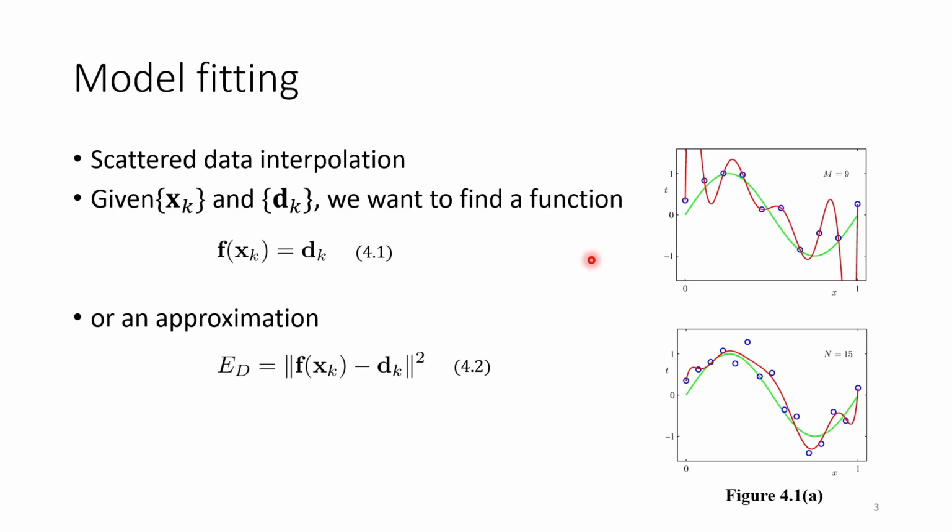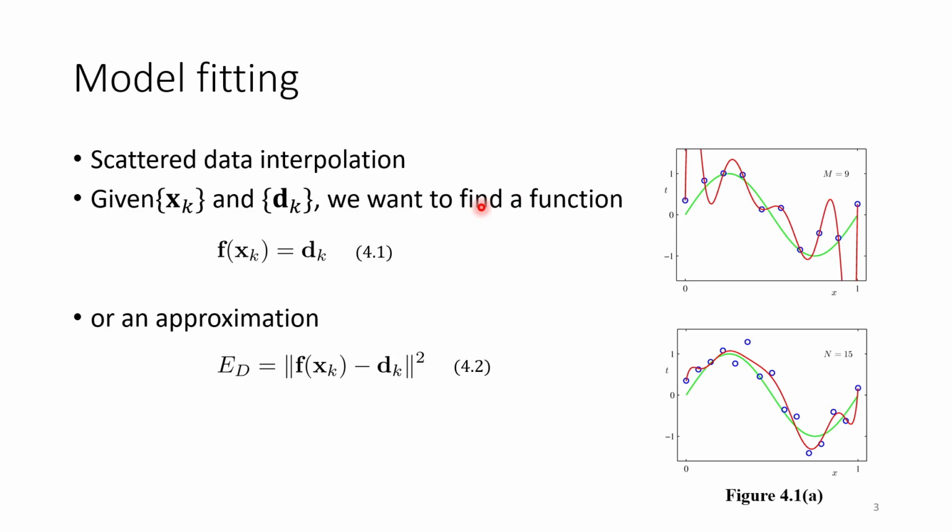What we want to do is find a function which can generate such a result. Given an xk, we will have its dk value. You see here, for every blue point, the function is the red curve, and it goes across every blue point in this figure. There's an alternative way to solve the problem.